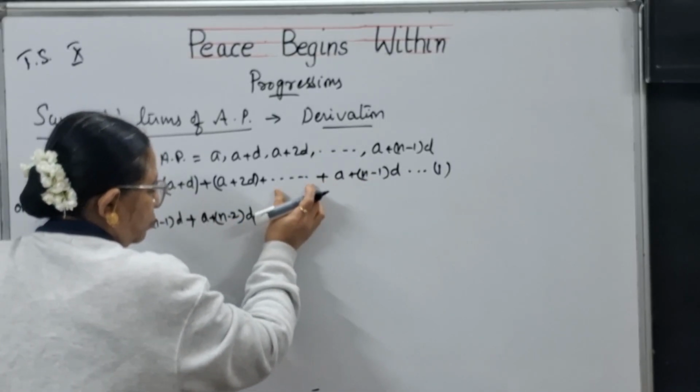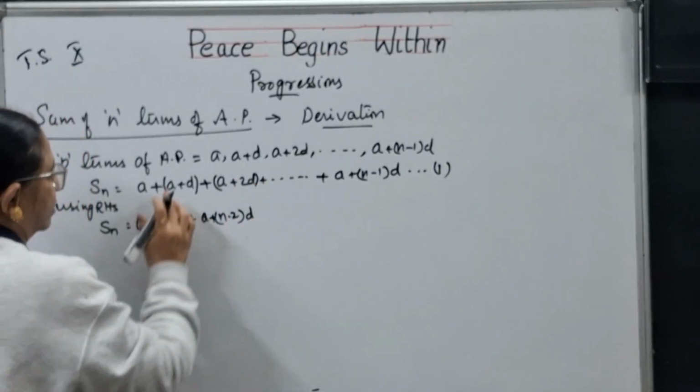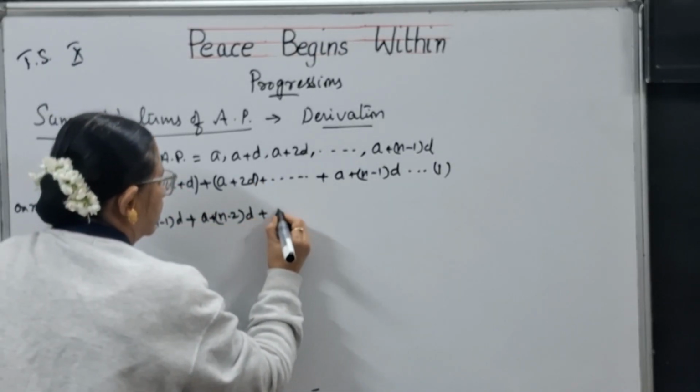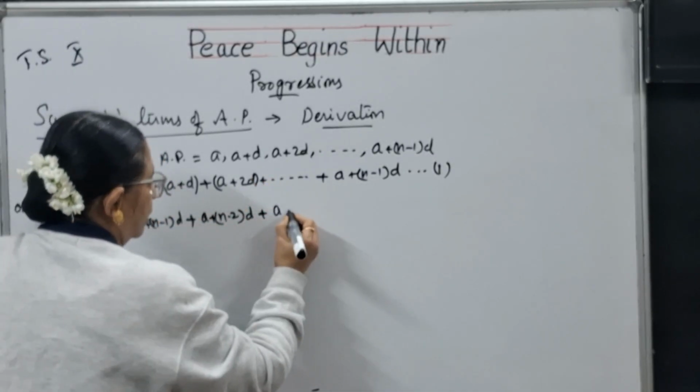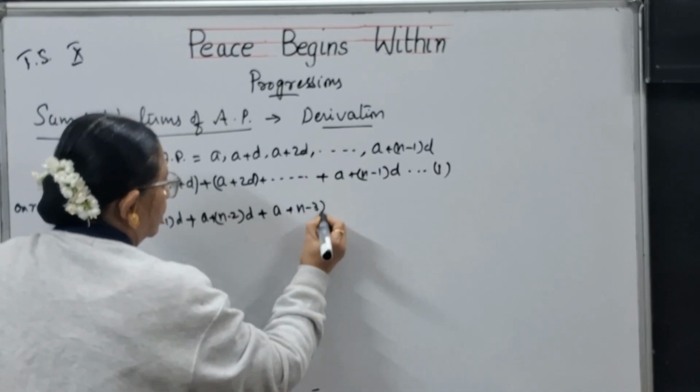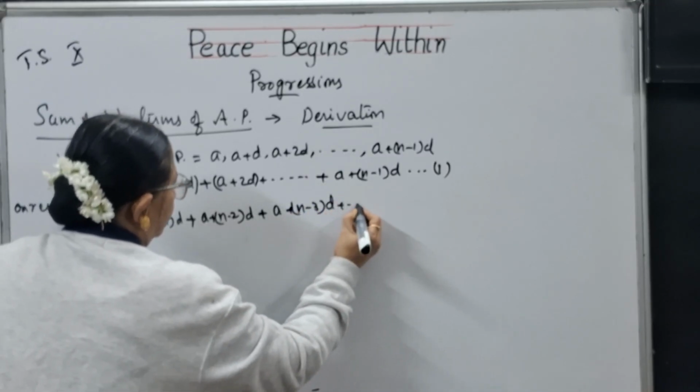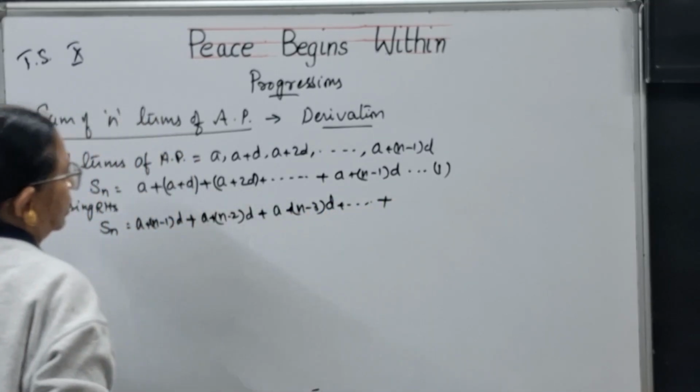Before this, n minus 2 you will be getting, this is the second term, and the third term is a plus n minus 3 into d. It goes on like this up to the last term.